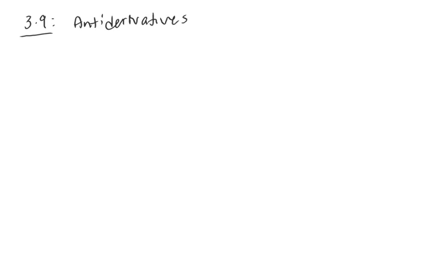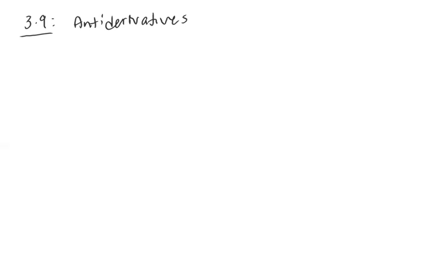And if you recall, the process of antidifferentiation is essentially, you can think about it as you start with the derivative and you work backwards and find the original function that it came from. We talked about a few rules last time, a few rules of antidifferentiation.